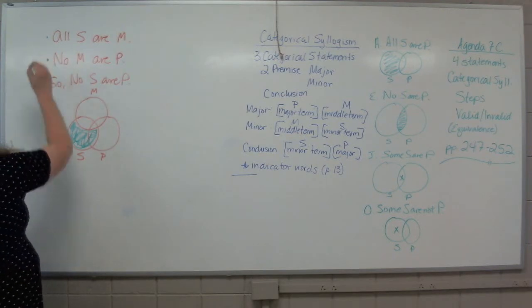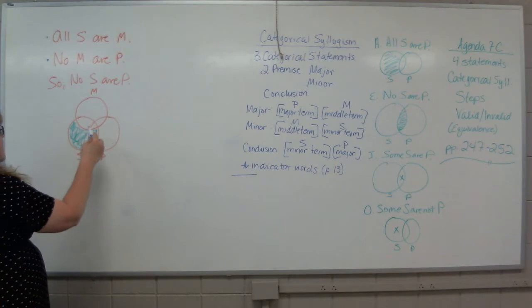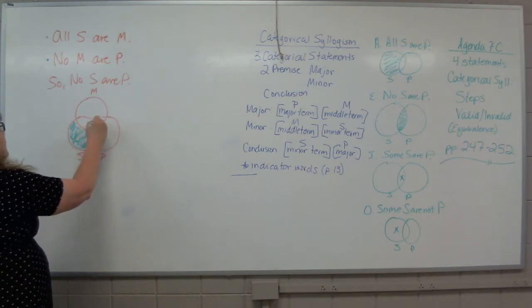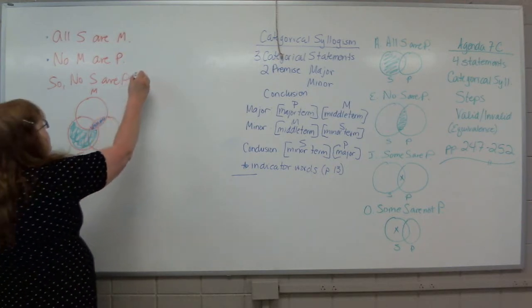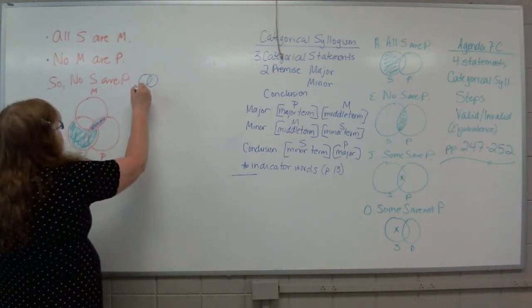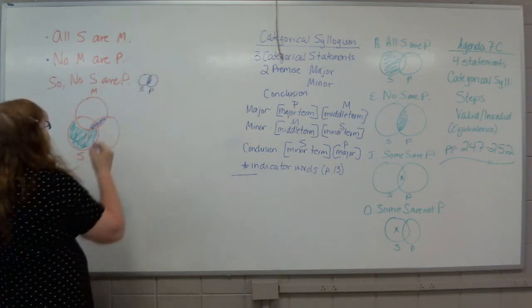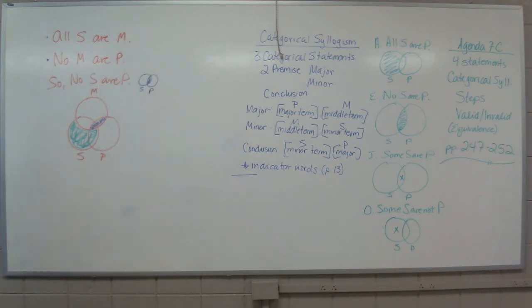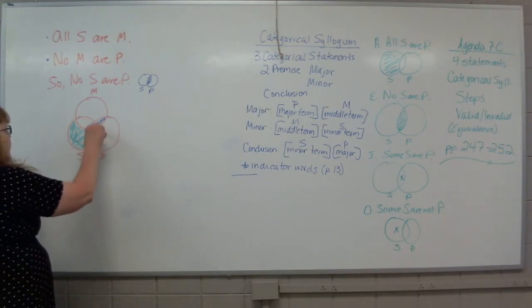No M are P. So my M's are staying by themselves, and so this middle ring is empty. It's dark in there. So if I'm going to have a no S are P, no S are P looks like this. That middle portion has to be totally empty. And that's what I have here.